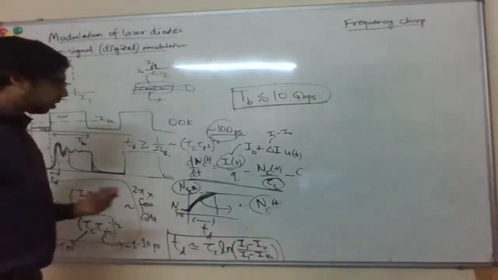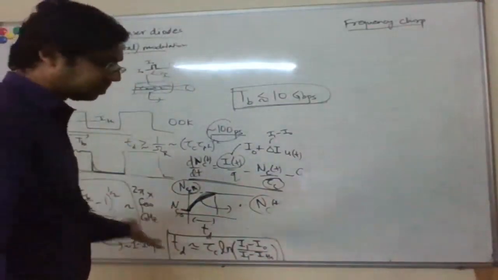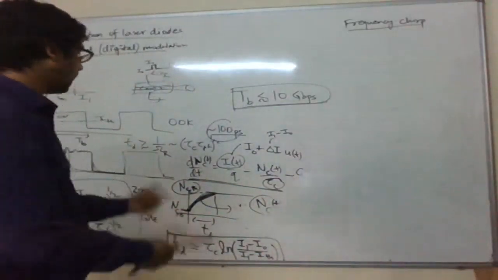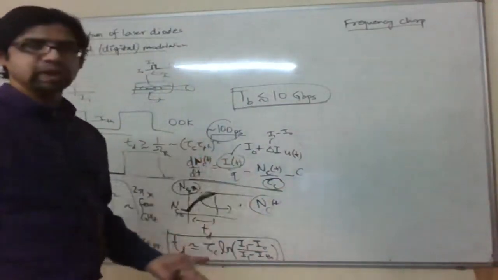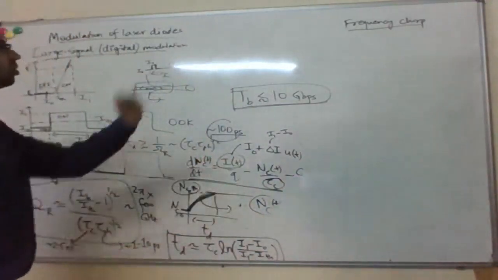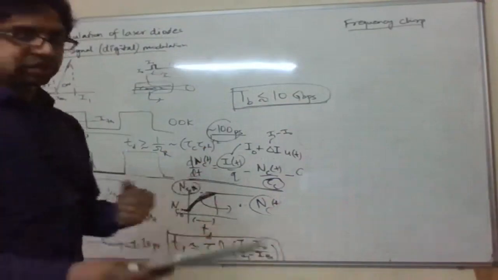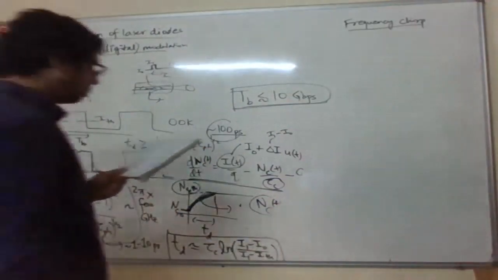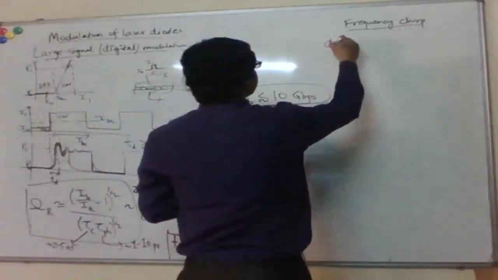Because the refractive index depends on the carrier concentration, and the carrier concentration is now a time varying dynamic quantity, your phase and equivalently frequency becomes a time dependent quantity.